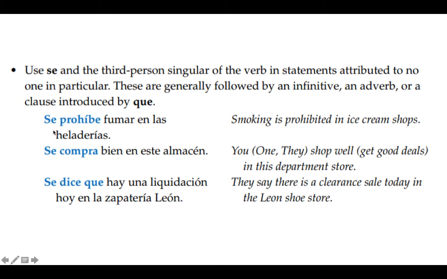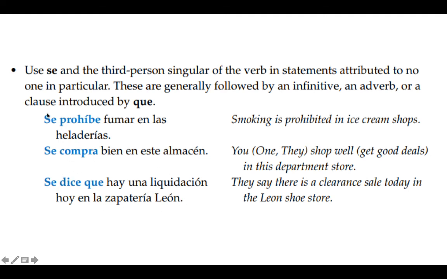So literally, one shops well or one buys well in this department store, saying like, hey, you get good deals here. Se compra bien. Another example, se dice que hay una liquidación hoy en la zapatería León. So one says that there is a liquidation sale today in the shoe store called León.